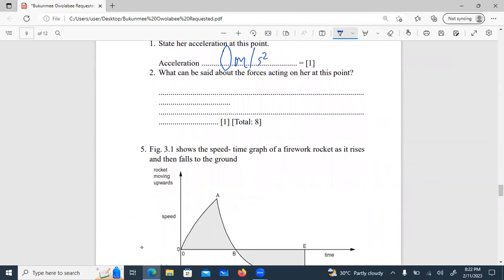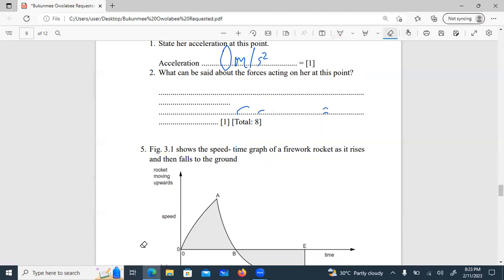What can be said about the forces acting on her at this point? When acceleration is 0, what is force? Take note that force is equal to mass multiplied by acceleration. So whenever acceleration is 0, what does that mean? If you multiply mass by 0, you get 0. Okay, automatically the force is 0.